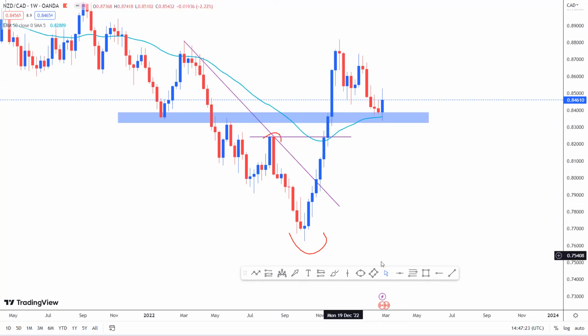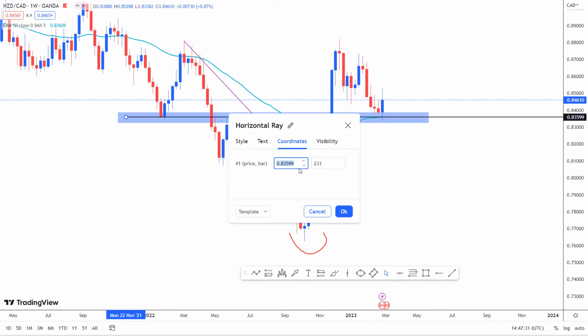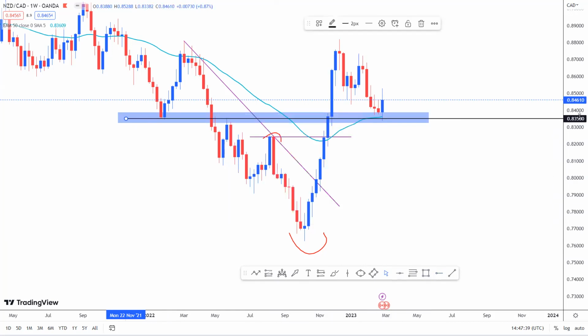And then again, let's see if we can have a round psychological level. Yeah, so you can see we have 0.83500, a psychological round number, right at the level also.